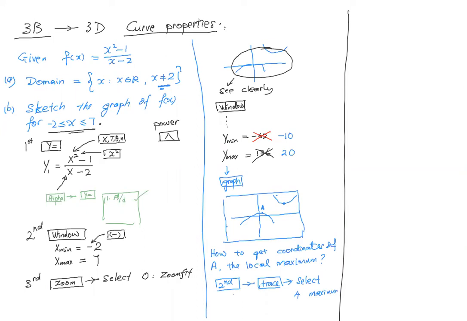Okay. The moment you select maximum, what happened? There is left bound. Okay, left bound. So how to get the left bound? To get left bound, move the cursor to the left. Move until it is at the left of A. Am I right?